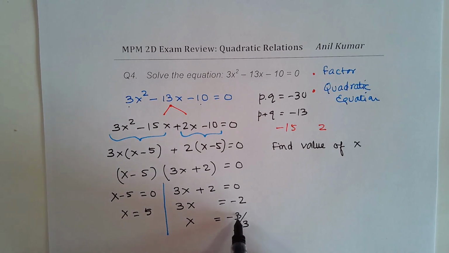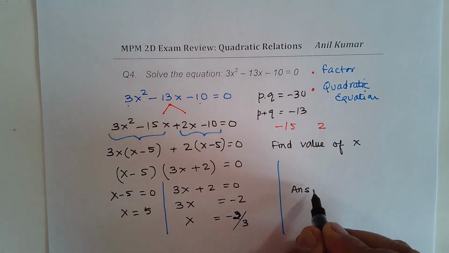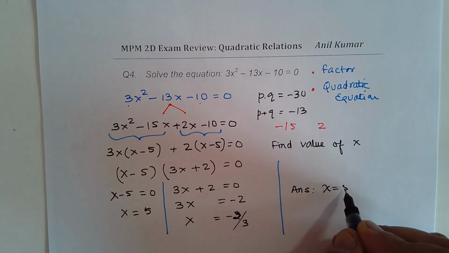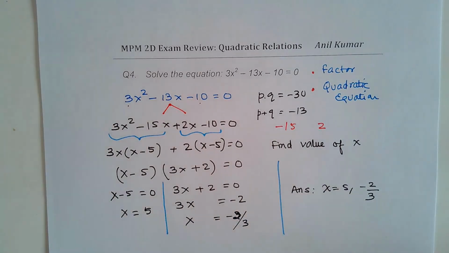So that is how you get your solution. Once we have the solution, we can write down the answer, and the answer for us is x equals 5 or x equals minus 2 over 3. Okay, so that is how it can be done.